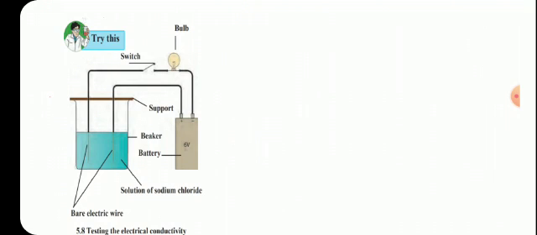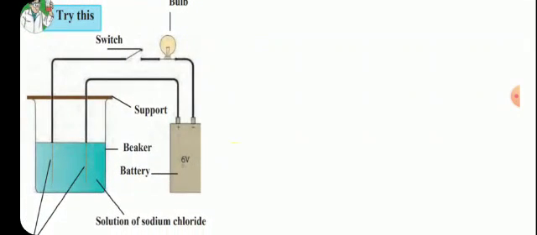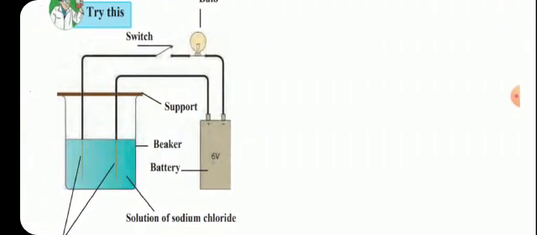Two electrical wires are taken and connected in this way. One end of a connecting wire is attached to the negative terminal of the battery through one switch and one holder with an electric bulb.